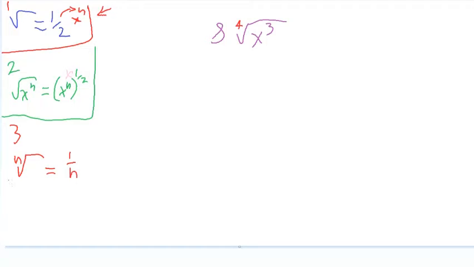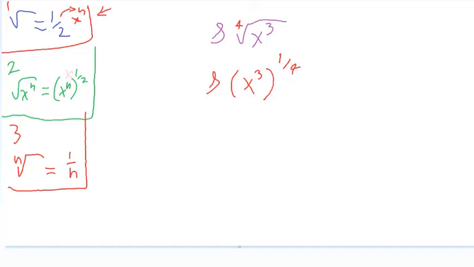So with that knowledge, we'll leave 8 by itself since it's a constant number, in parentheses x to the third, since it is by the second rule, and then it's being powered by 1/4.